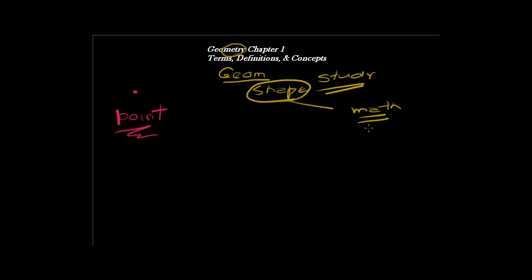When we think of the language of math, I'm specifically thinking of algebra. Even calculus is based on algebra. So during the course of the year, we are always going to be talking about how we relate shapes to the language of mathematics, or algebra.